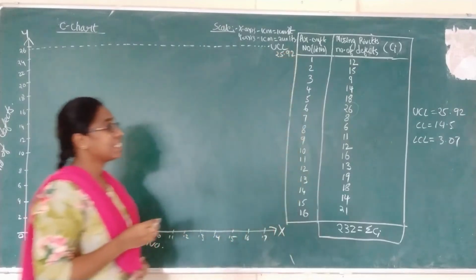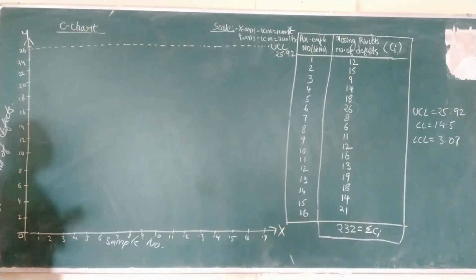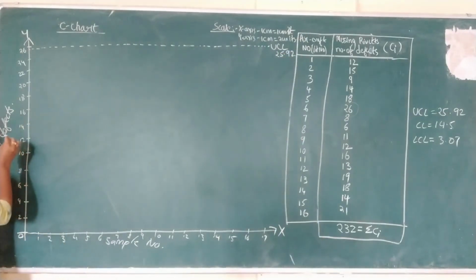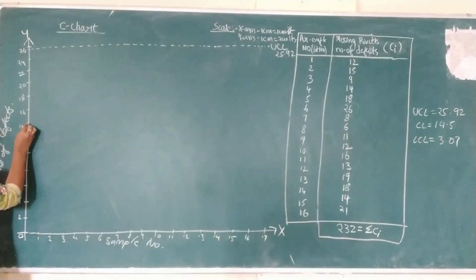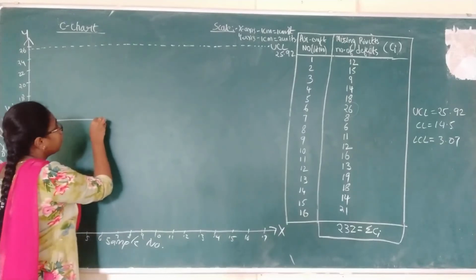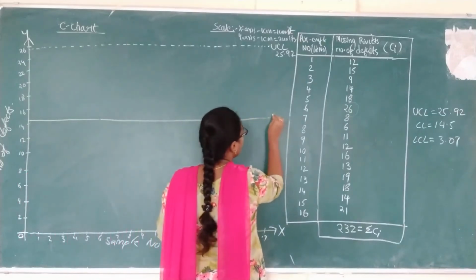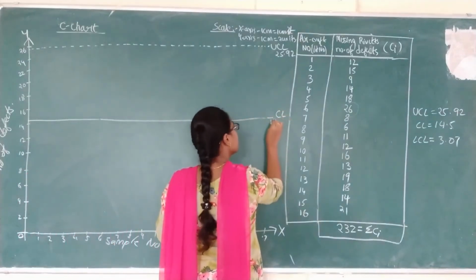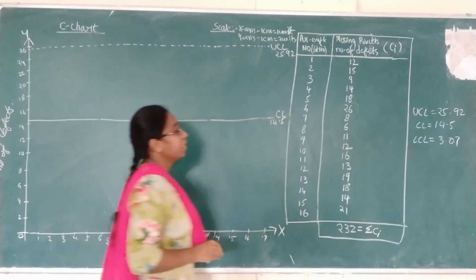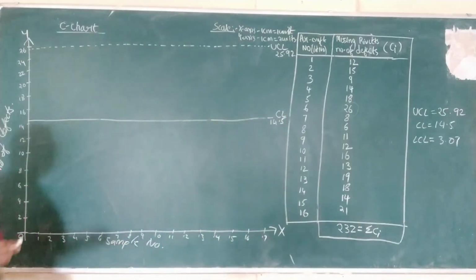Next, plot the CL value. What is the CL? 14.5. Yes, 14.5. Next, LCL is 3.0.